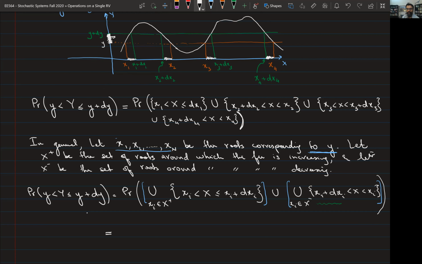Now, here's where the little bit of hand waving is going to come in. I'm going to say that the events are mutually exclusive, right?